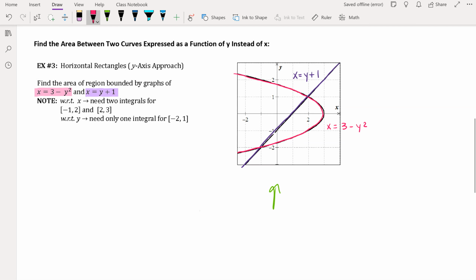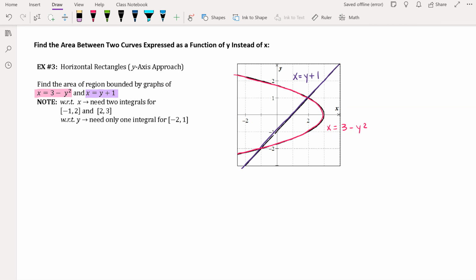Well, because if you do it that way, your function on top is always going to be the same, because instead of top, you think of rotating this. Instead of top, you're going to use right minus left. So we're going to use the right function minus the left function. If you're going in the y direction, this pink function would be your top function.